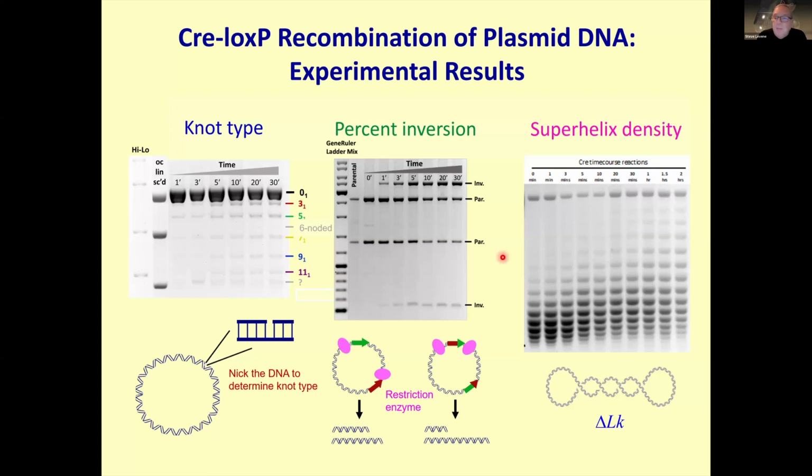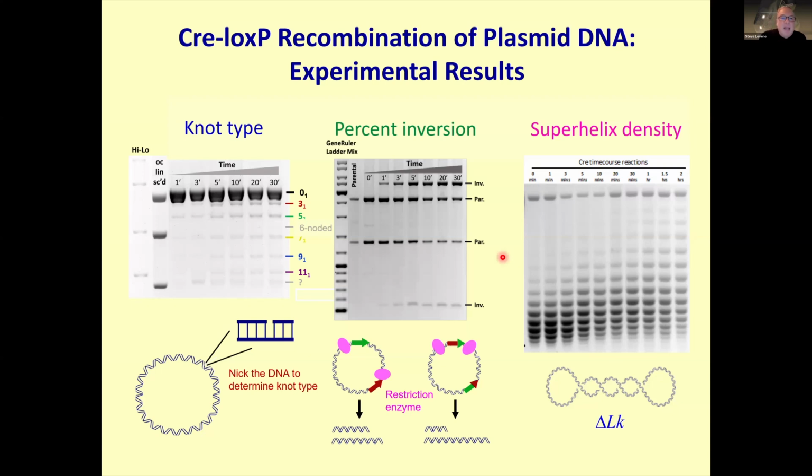Steve, do all these DNAs have the same length? Yes. Okay, thanks. You can think of these as being not topoisomers. These are molecules that all have the same length, just different topology. But they are all nicked.